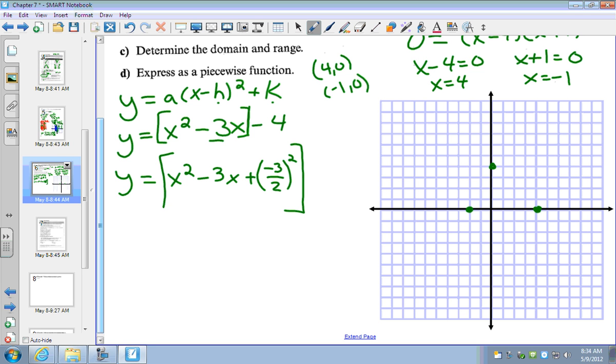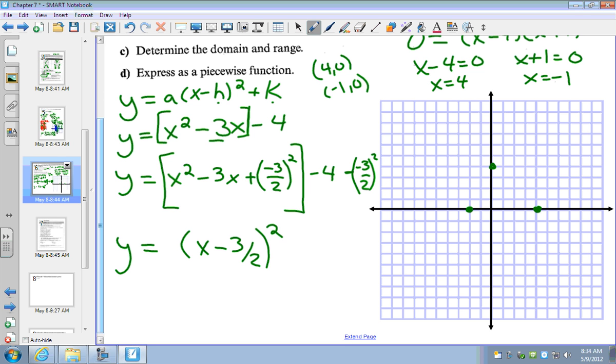Now don't forget we have a minus 4 here, and because we added 3 halves squared on this side, we need to subtract it over here. So we have to go minus 3 halves squared. The reason we did this is this now simplifies into (x minus 3 over 2) all squared.